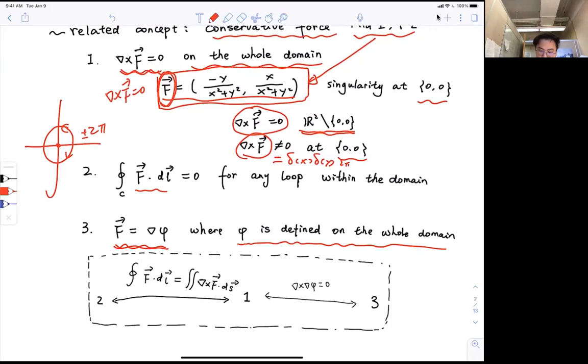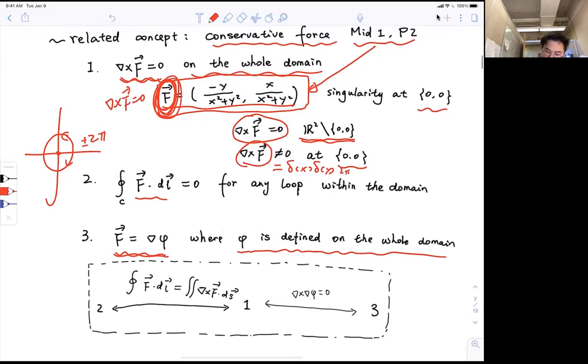So for this force F, you may say, okay, it can be written as arctan of y divided by x. But this is not defined on the whole domain. You can see there are also singularities. By the way, this is nothing but theta, I think. It's not defined at the 0, 0 point.